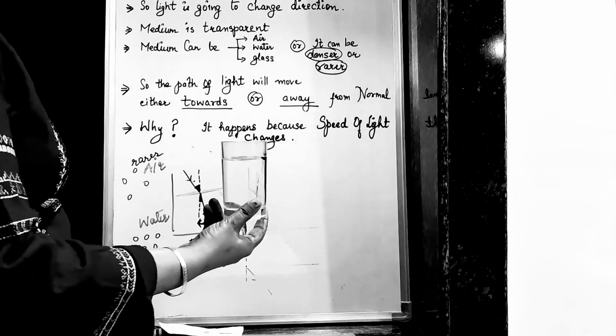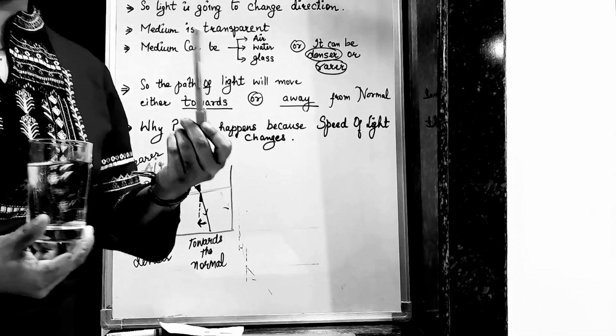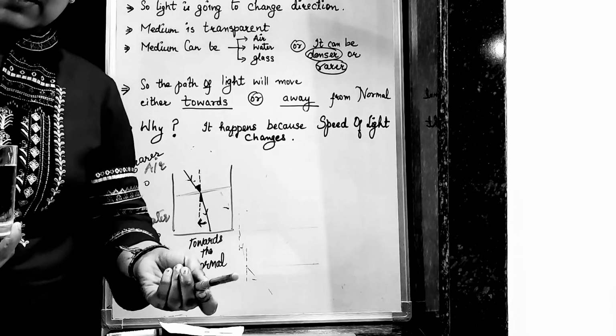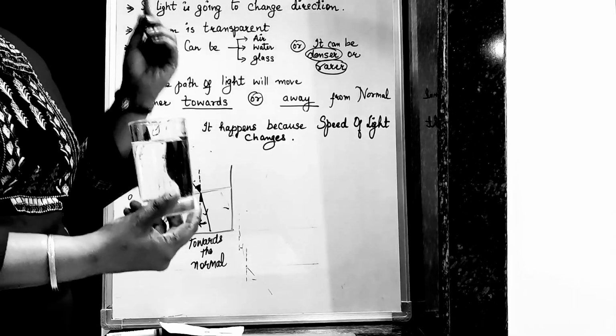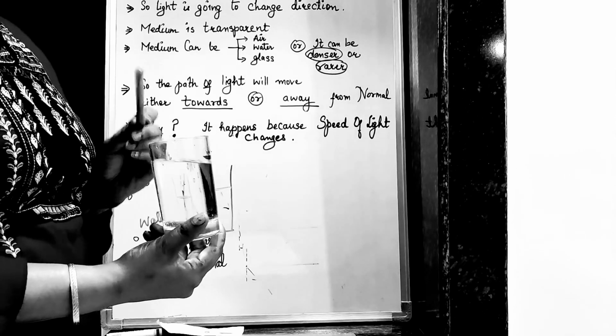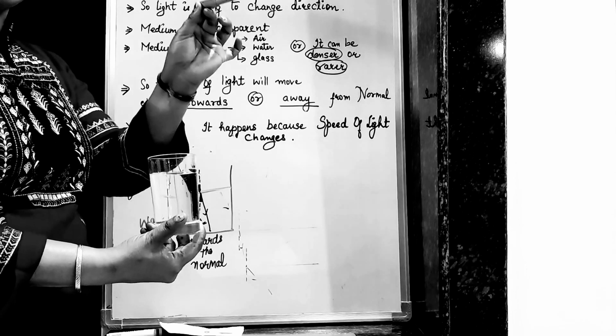One more example I can ask you to do at your home, because science is, once you see it, then only you feel it, right? See, feel and believe. So take a pen. Think of it as a ray of light.